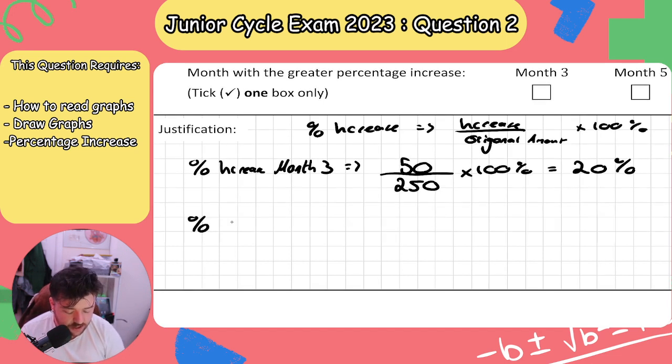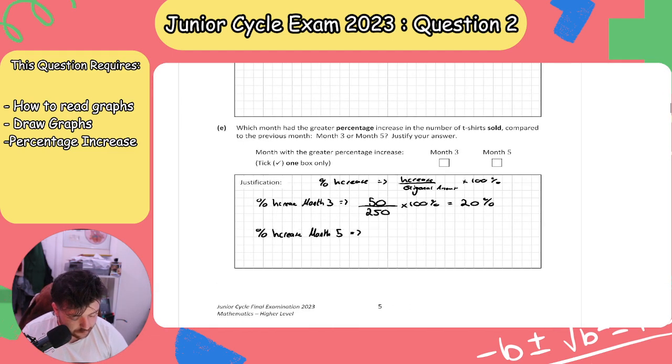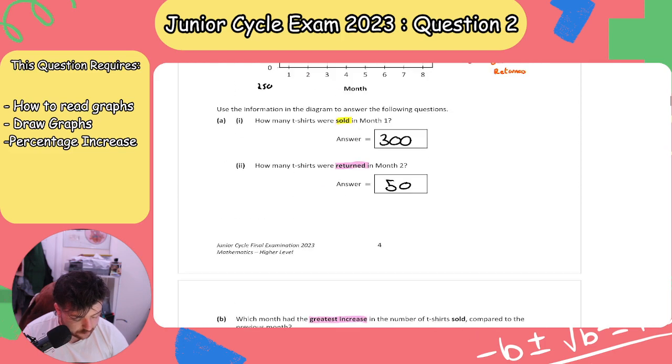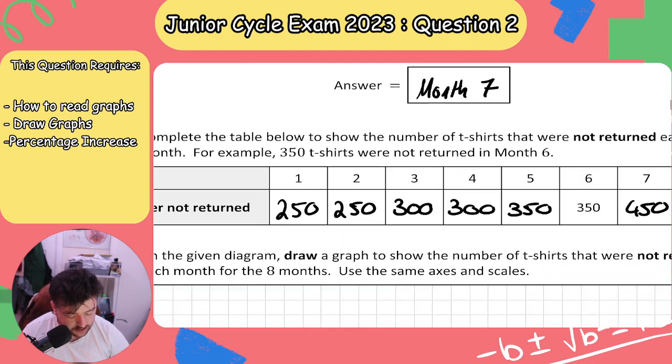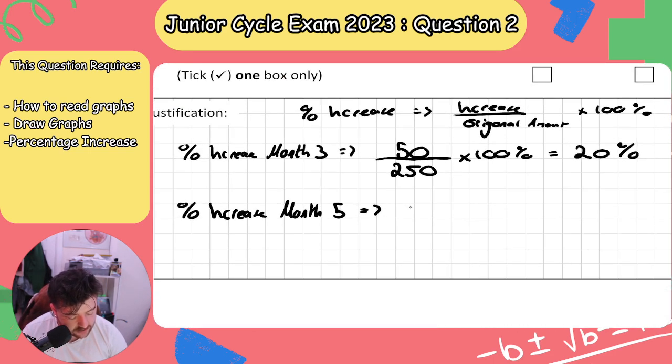Now let's look at percentage increase from month 5. Month 5, so I went up 50, but the previous month I sold 400. So my increase was 50. My original amount was 400.